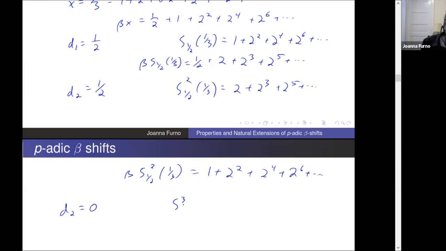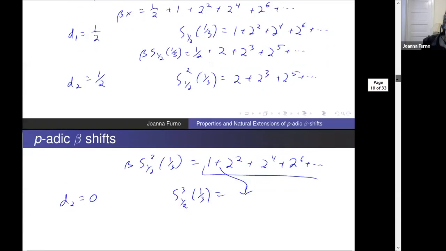And our next iterate of 1/3 is just going to be all of that. And notice that should hopefully look familiar. And so we're ending up in a cycle again between these two. So what does our expansion look like?